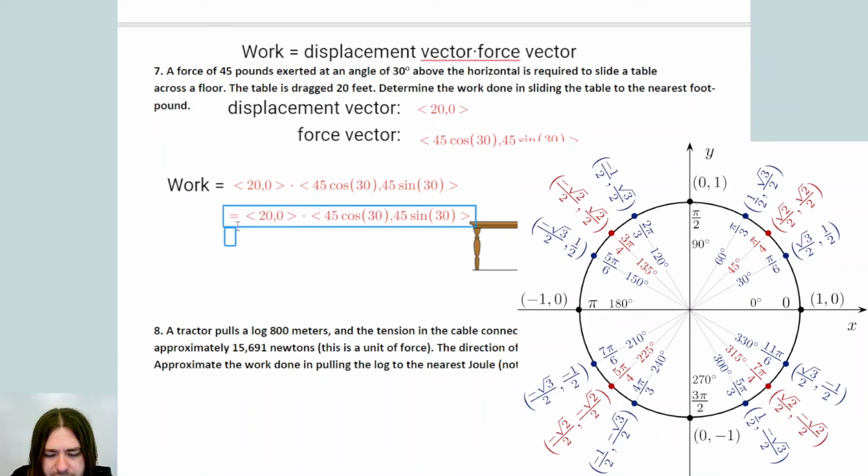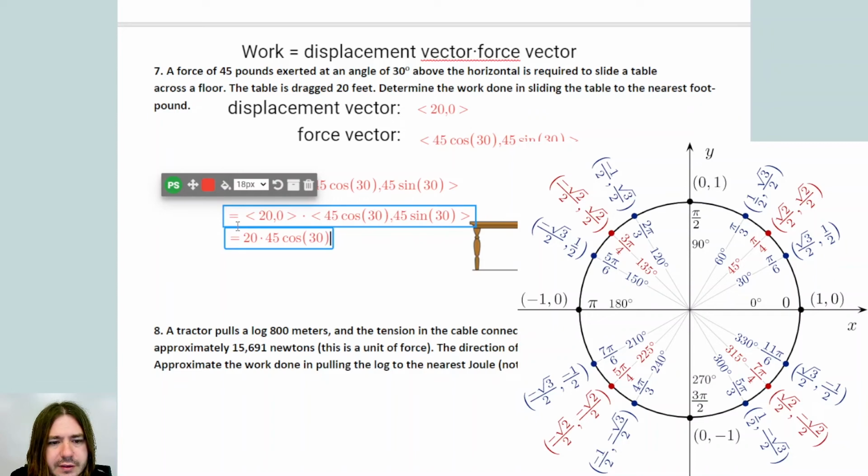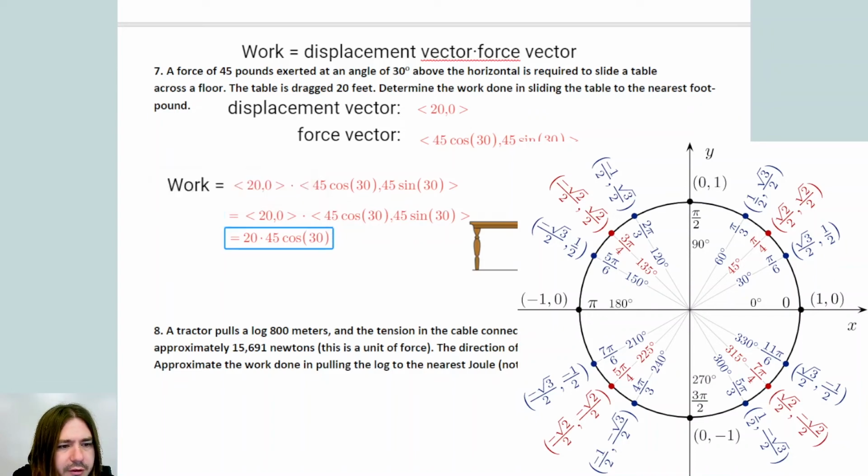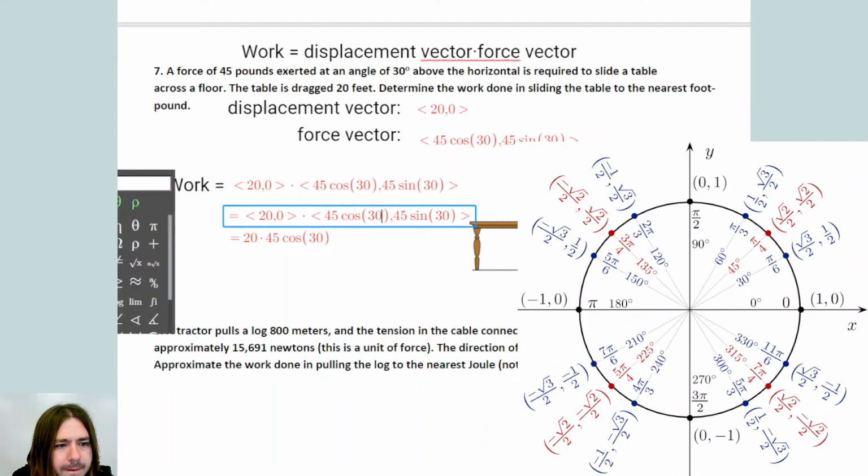So let's see here. We've got 20 times the 45 cosine 30, and that's in degrees, so I'll throw that little degree symbol in there.